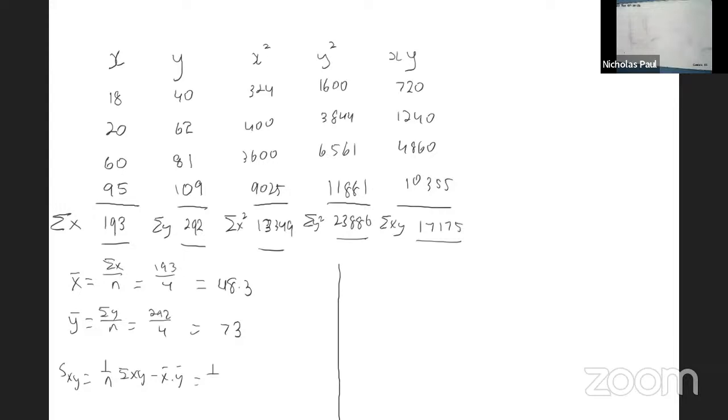So that's 1 on n, and n is 4, so 1 on 4 by 17,175 minus 48.3 by 73. How much do you get there for SXY? Take your time.